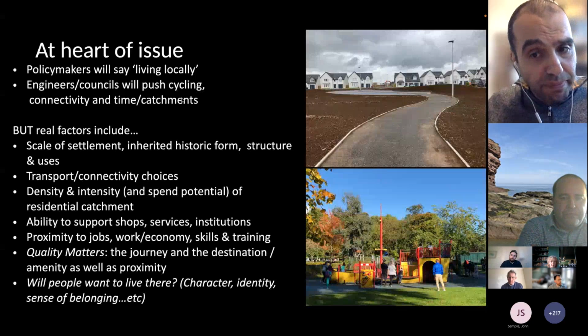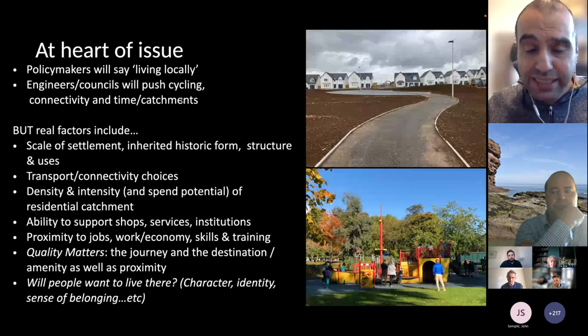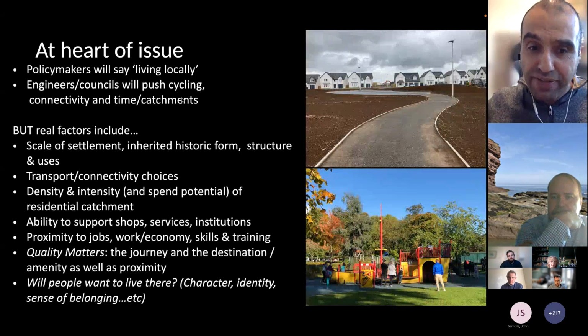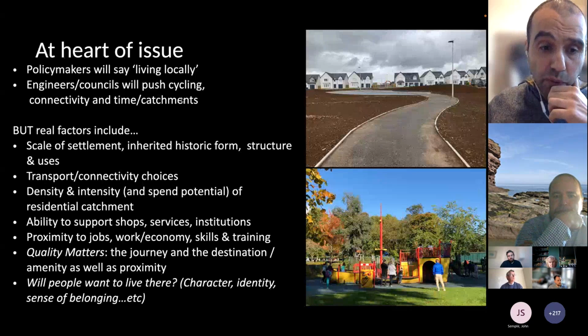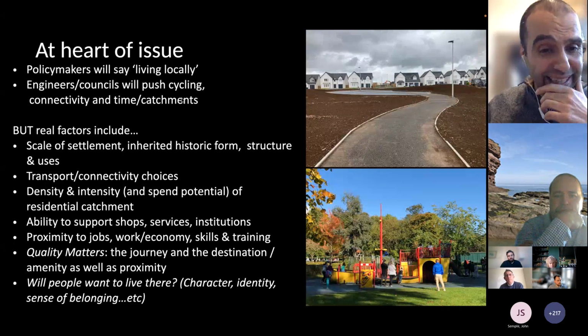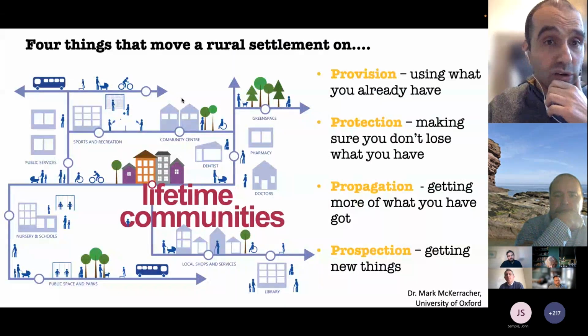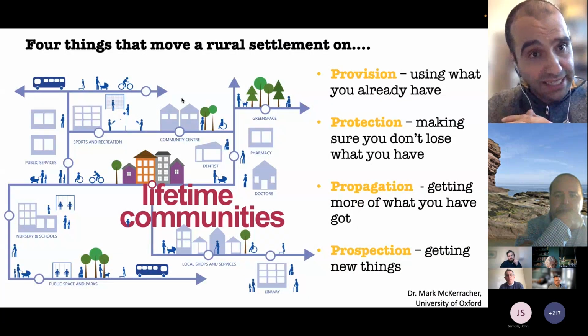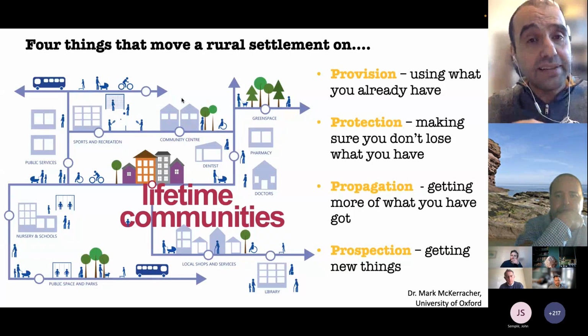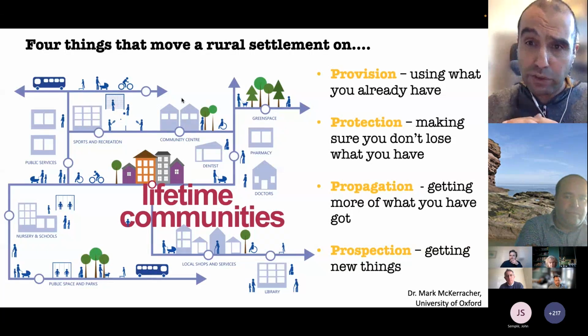But we were also aware that quality matters, the journey and the destination, amenity as well as proximity. There was also the question, will people want to live there in terms of character, identity, and sense of belonging? And we found out through this fantastic exercise, four things will move a rural settlement on.